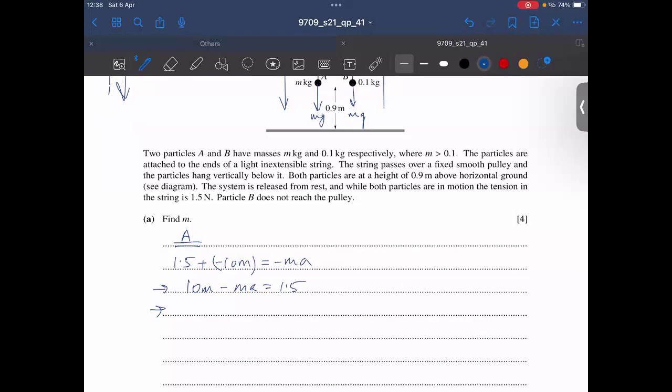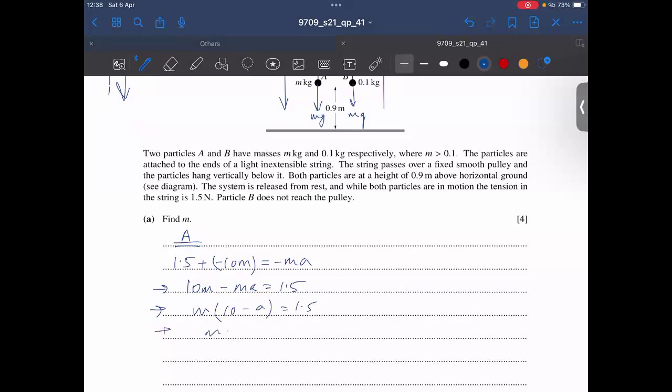Let me factor out M. It's going to be M times 10 minus A equals to 1.5.